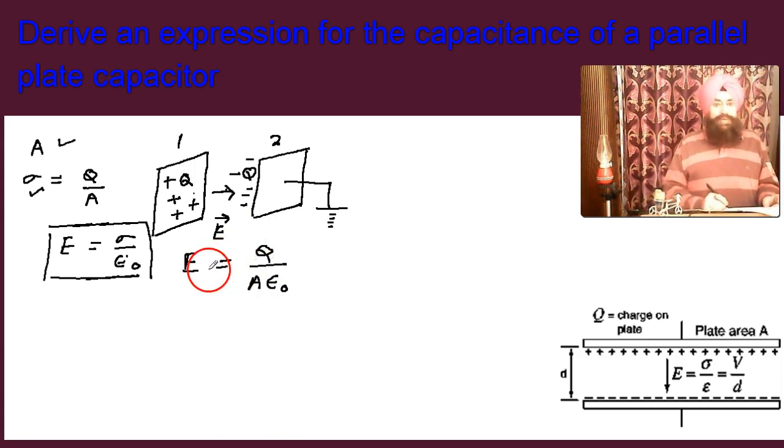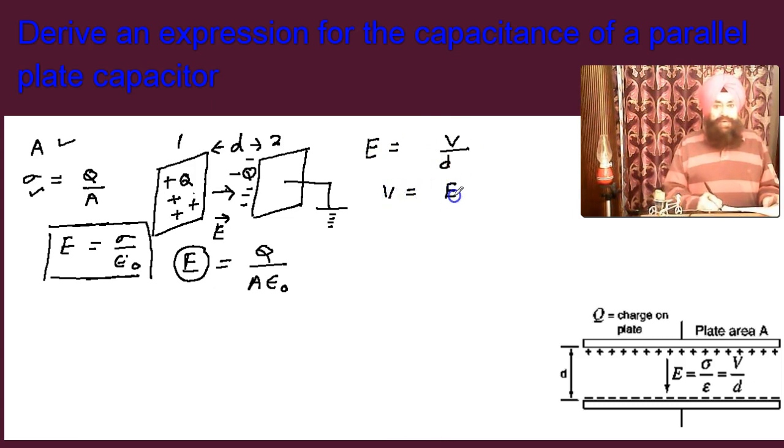Then when there is an electric field here, and the distance between the two plates is small d, there is a relation between electric field and the potential. So electric field is potential over the distance, or the potential becomes electric field into distance.